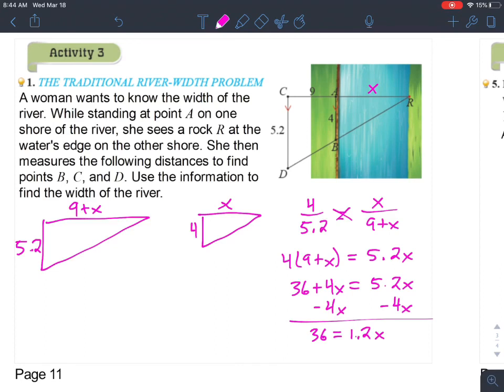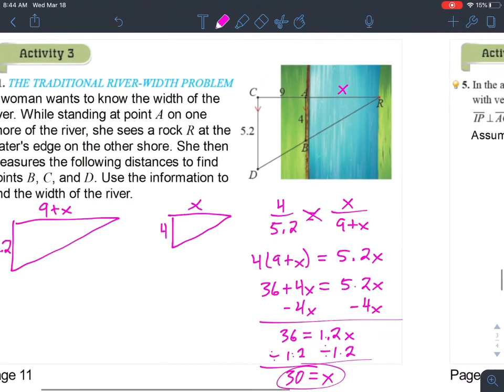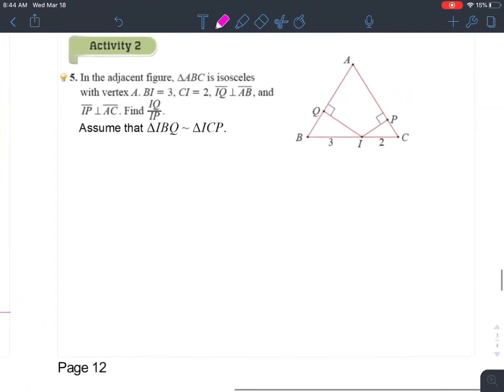And when we divide that, I should probably be able to do this in my head, I suppose. That is going to give us a width of 30. So we were able to solve for the width of the river, and we did not have to put anything across the river in order to measure it.